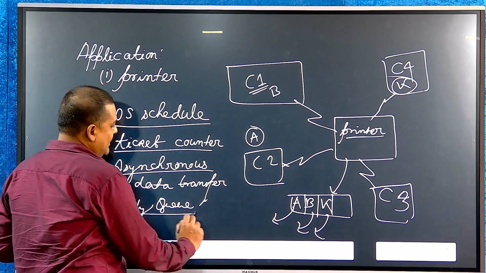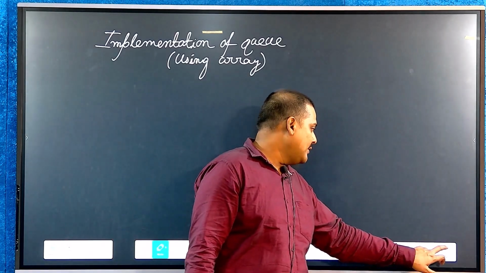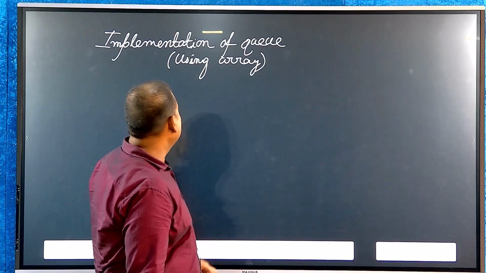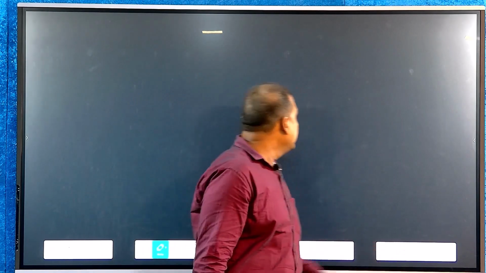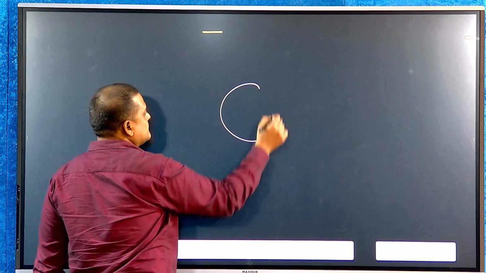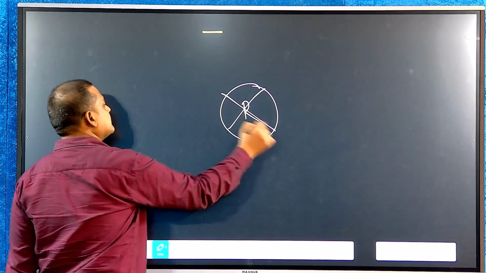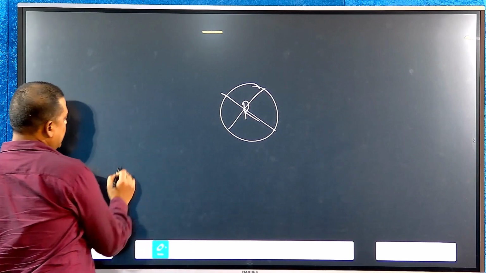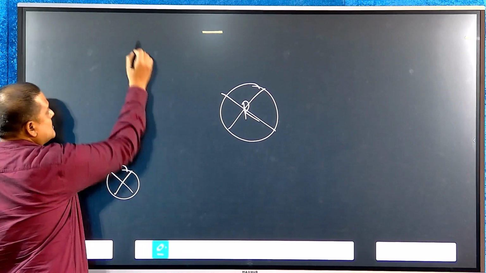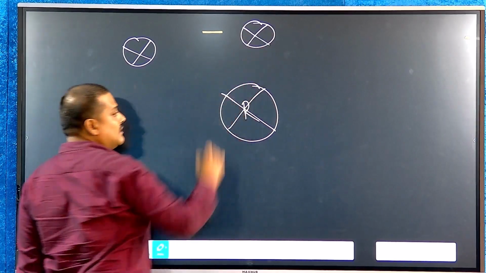Another example is the ready queue. Let us take an example. Say we have a router, and there are other routers available.